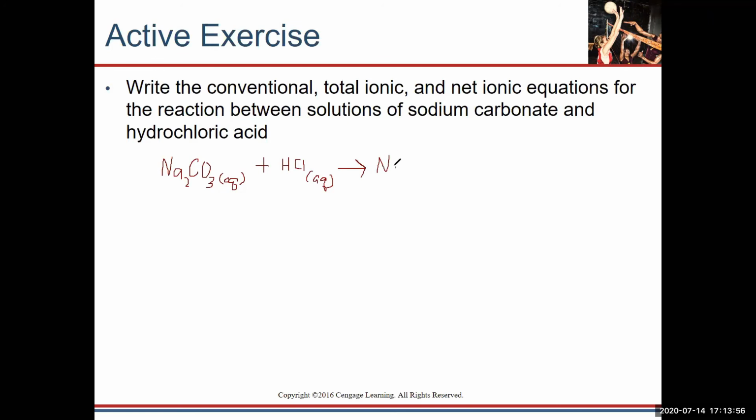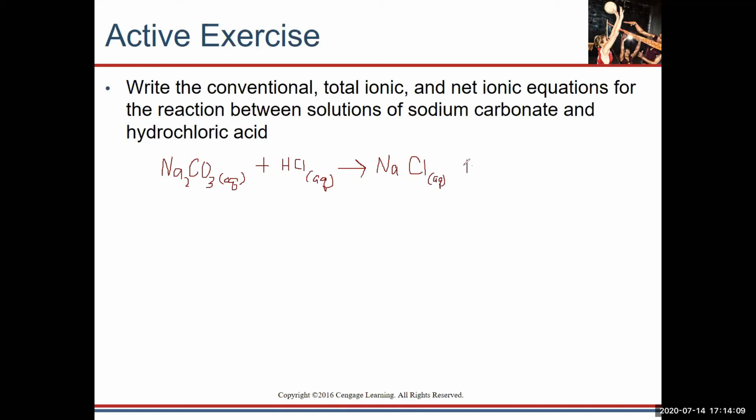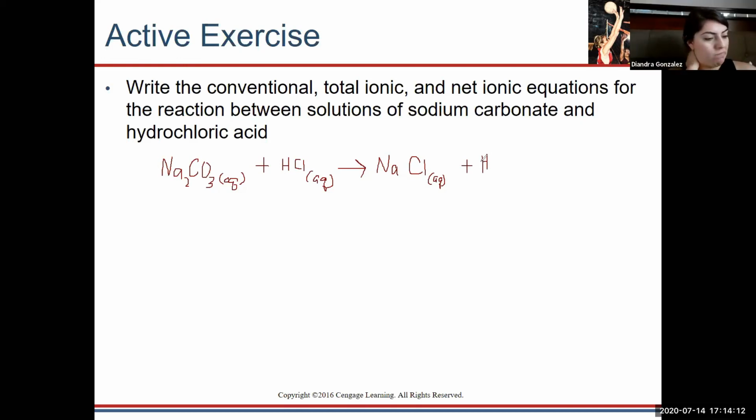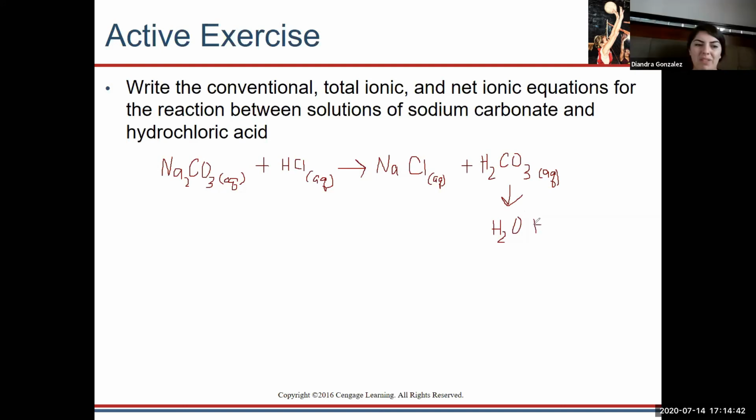And CO3. Okay. So we know that this guy, once it forms, it's going to be a temporary formation, and you're going to end up making H2O.